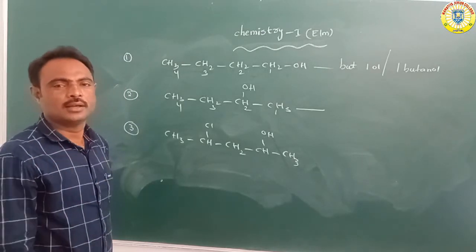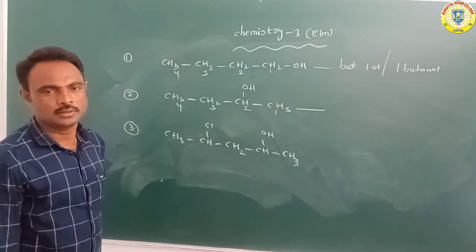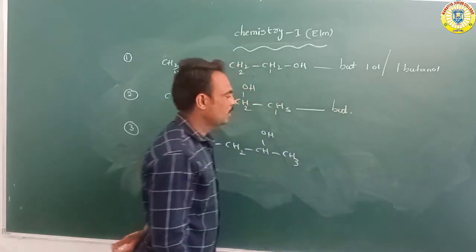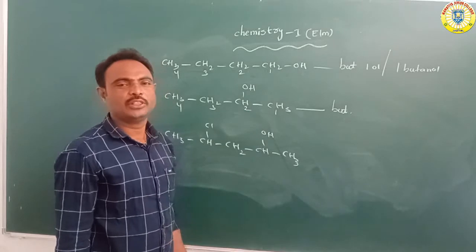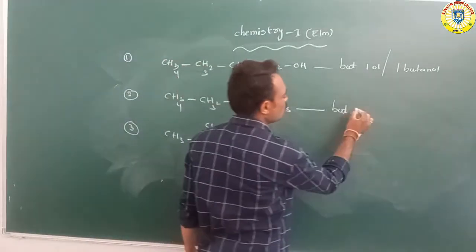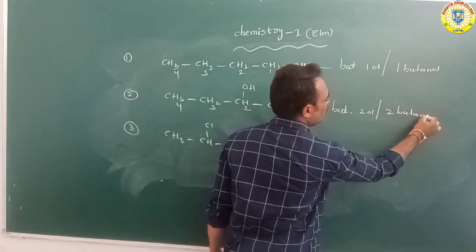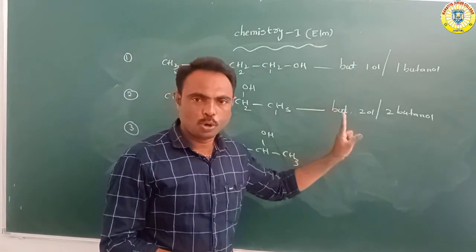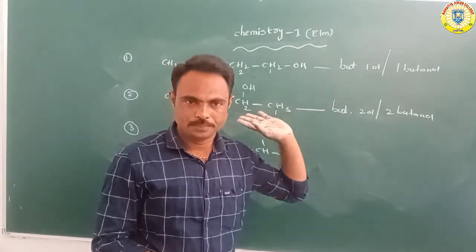First we write how many carbons: 4 carbons, so we write but. The second carbon is attached with the OH group, so we write 2-ol. So but-2-ol, or 2-butanol.